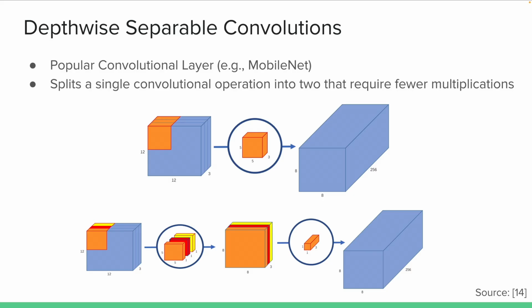However, if you actually calculate how many multiplications are needed for the first one, you will end up with around 1.2 million multiplications, whereas with the second form of formulating the same thing, you only need around 54,000 multiplications. And as you can see here, this is a huge optimization which allows you to perform a very similar or almost equal operation, but in a much more efficient way.